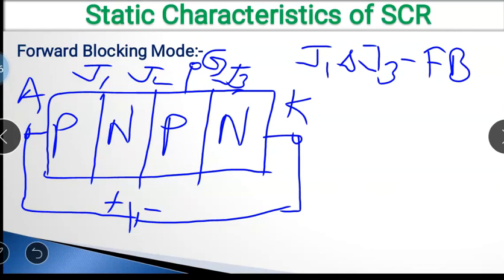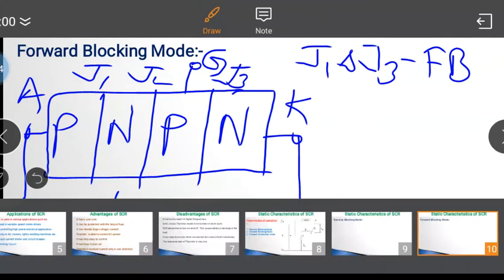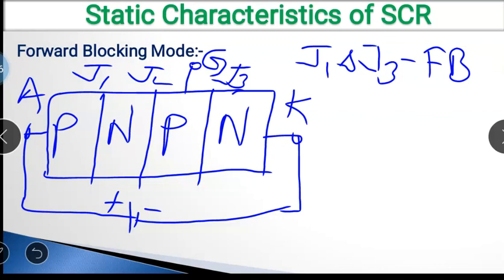How is it possible? You can see here this point, this P and N, we can see the junction J1. In that case P is connected to positive and N is connected to negative. So for forward bias the anode is positive and the N material is connected to negative. So this is in forward bias.